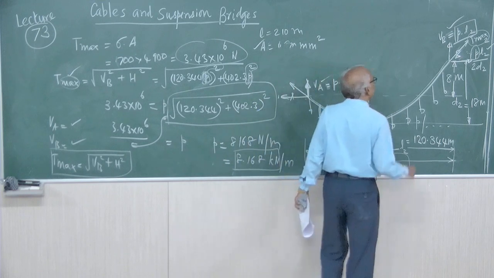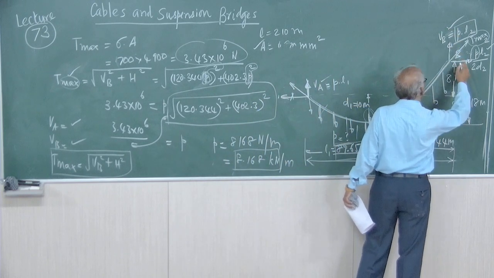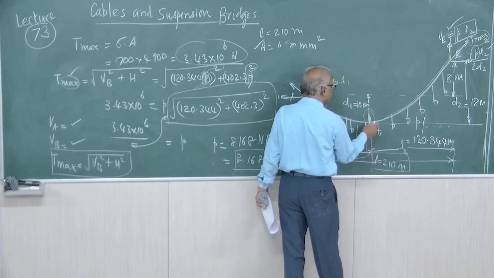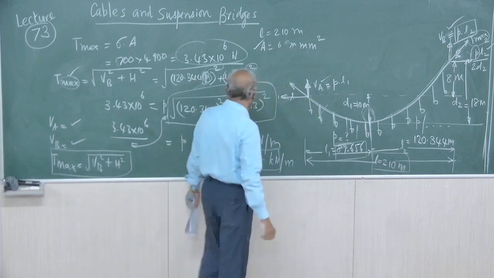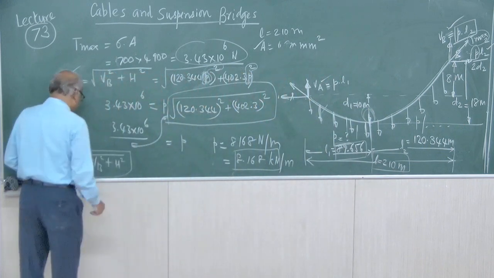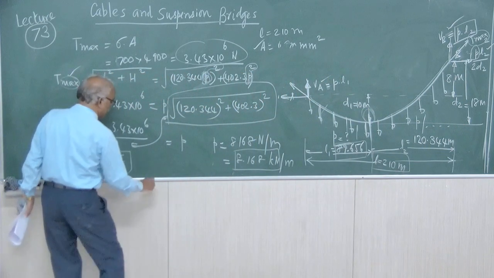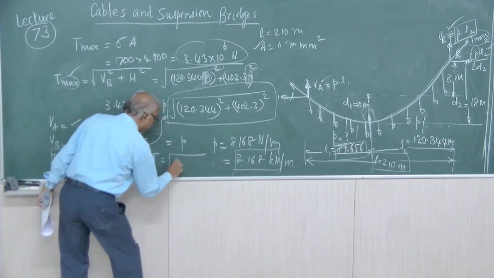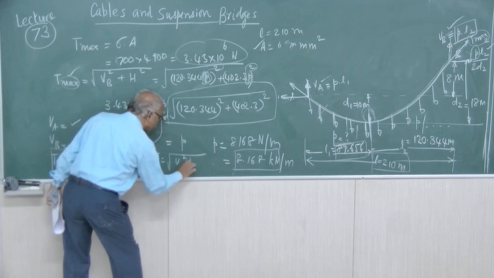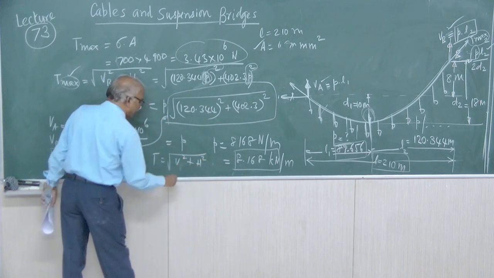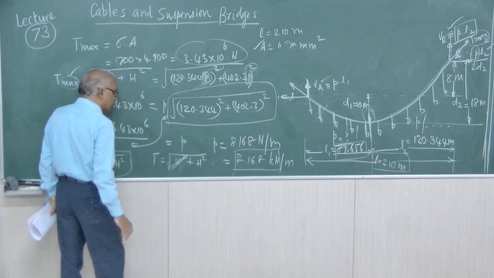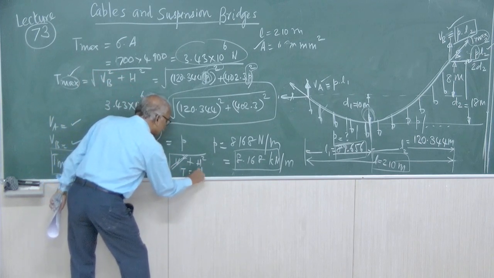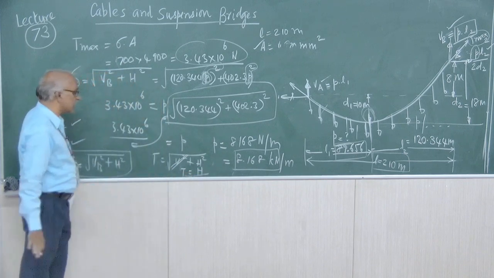Here also it is VB, P into L2, so PL2 minus P into L2 will become 0. Here the vertical force will be equal to 0. Therefore, when the vertical force is 0, at any point, you know, T equal to root of V square plus H square. Therefore, when V is 0, it is root of H square only. Therefore, T equal to H. That is the horizontal tension itself.